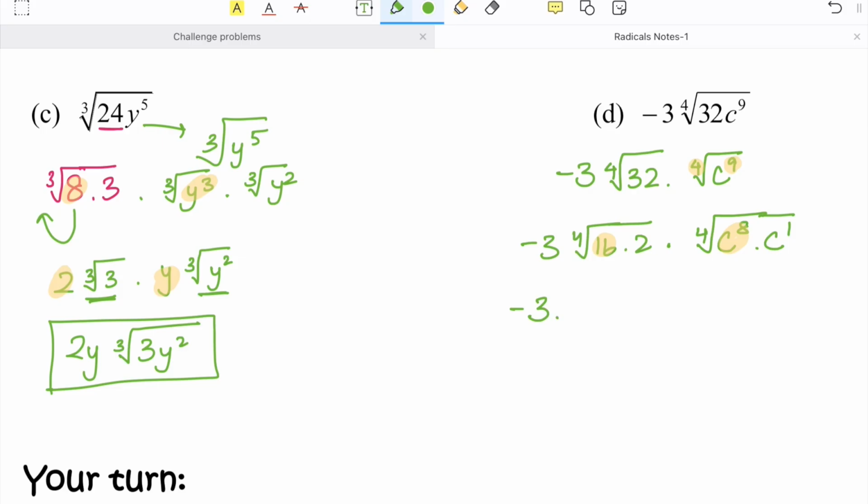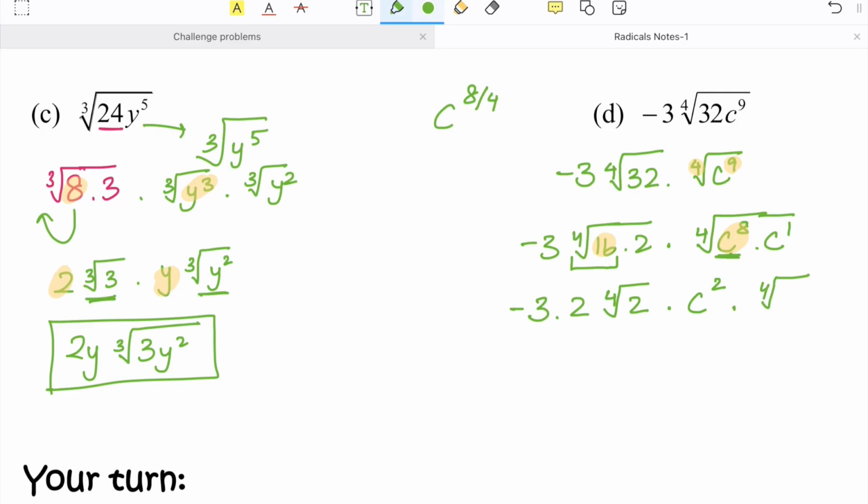When I take this out, what will I have? 2, and then I'll have 4th root of 2 times, take this out, what will I have? You'd have 2 on the outside? C squared, because C to the 8 divided by 4, right, is 2 times 4th root of C.